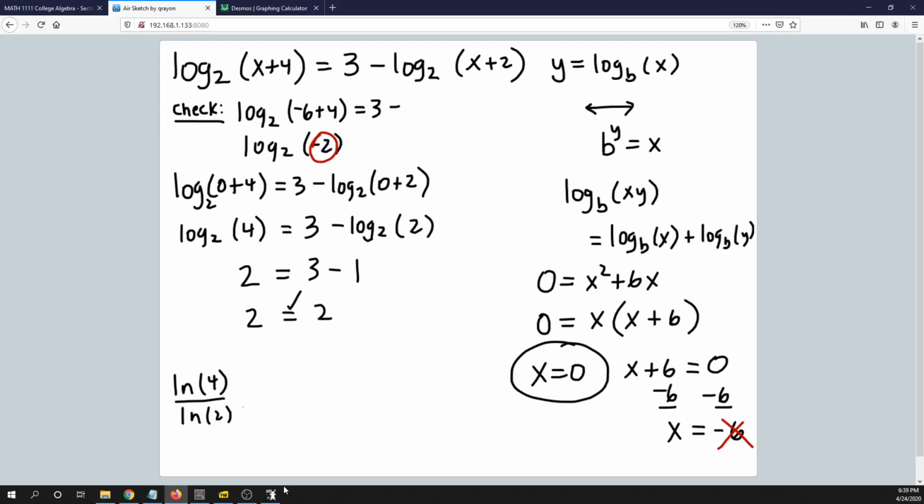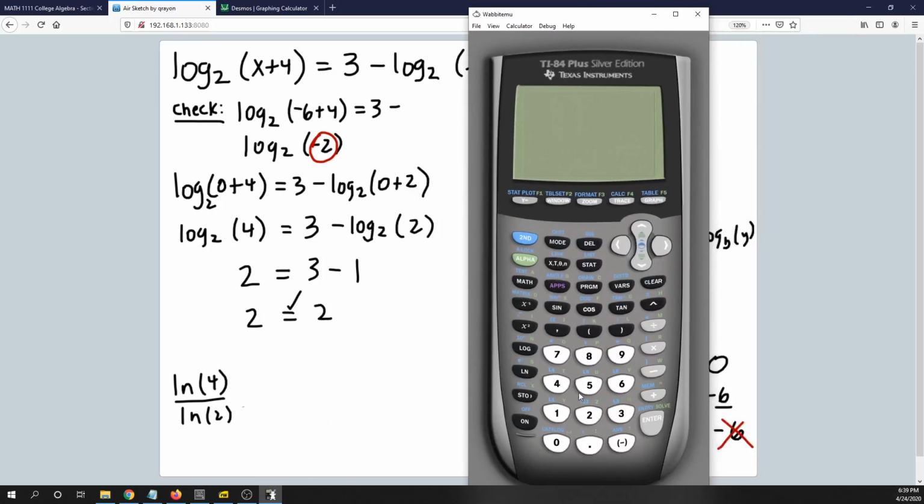If you punch that into your calculator, ln4 divided by ln2, you're going to get 2 over here.